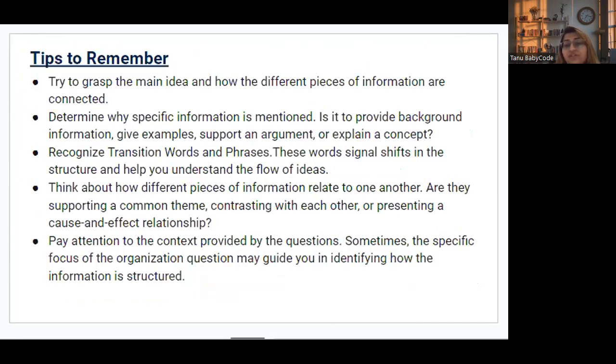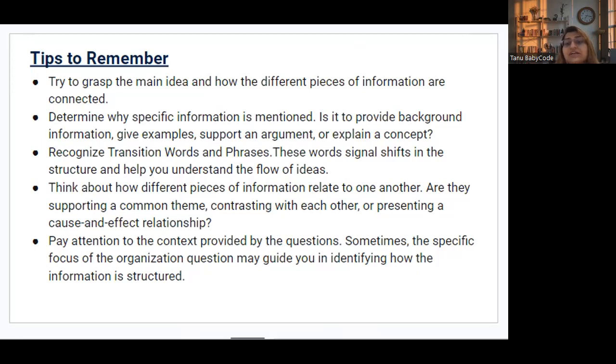Now, the tips you need to remember are to try to grasp the main idea and how different pieces of information are connected. Determine why specific information is mentioned. Is it to provide background information, give examples, support an argument, or explain a concept? Recognize transition words or phrases.